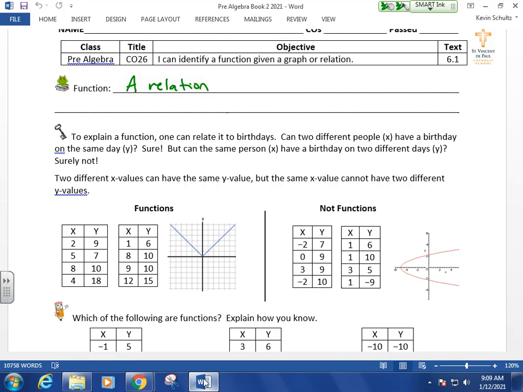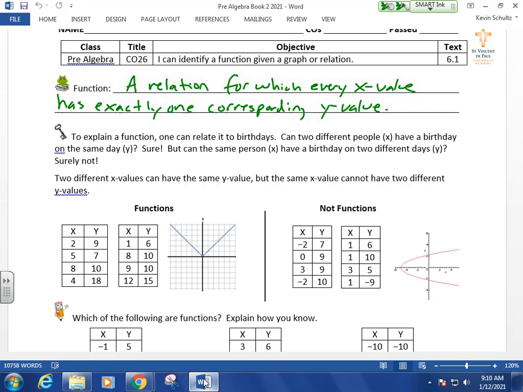So a function is a relation for which every x value has exactly one corresponding y value. Okay?